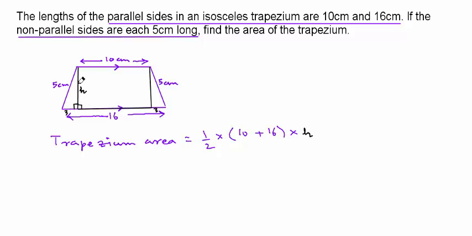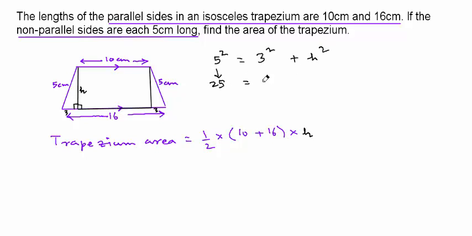And the moment we know that, we can apply the Pythagorean theorem on either of these two right triangles and say that the square of the hypotenuse, which is 5, so 5 square is equal to the sum of the squares of the other two sides. This side is 3, so 5 square is equal to 3 square plus h square.